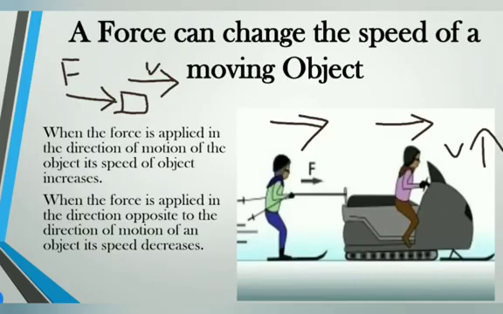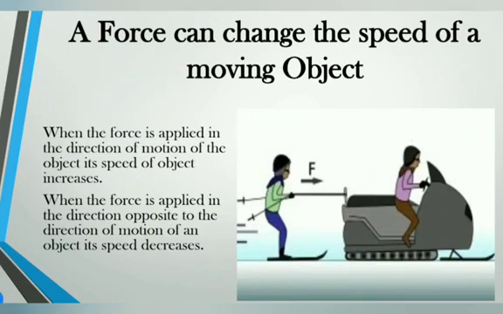So the speed of a moving object increases if we apply force in the same direction as the motion of the object. Next case, when the force is applied in the direction opposite to the direction of motion of the object.